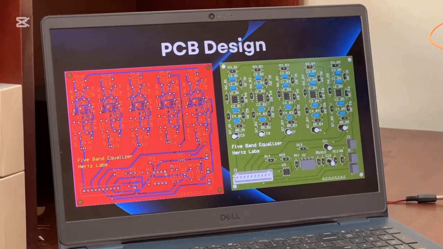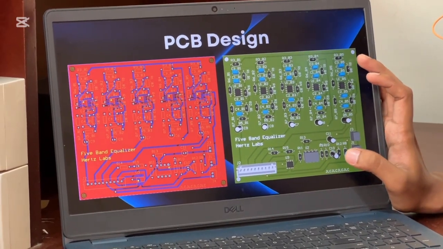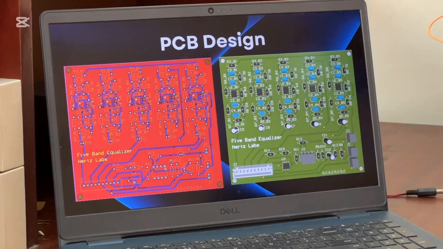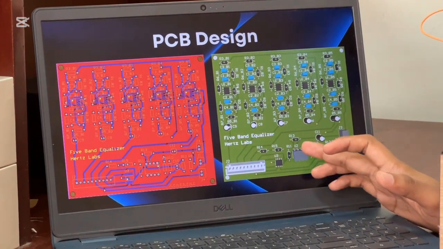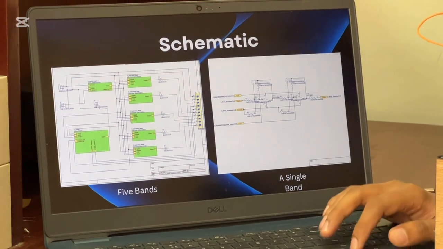So this is our PCB unit, which filters out the bands, then adds those bands together. And next, the schematics.